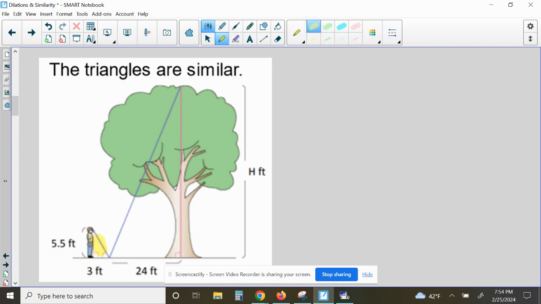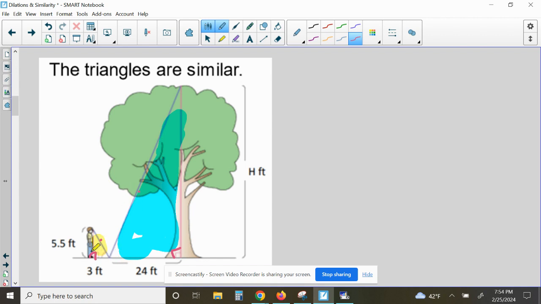We have this yellow guy down here, and we have this blue guy right here. Okay, so they both have a right angle. So we do know that the hypotenuses are going to be matching pieces, but there's no numbers on the hypotenuses, so we can't pair them up.